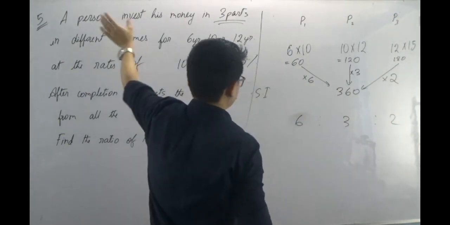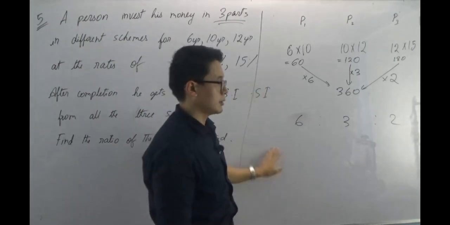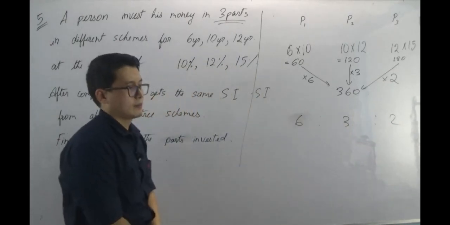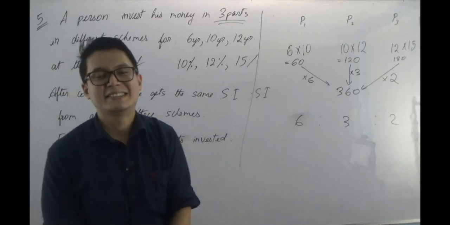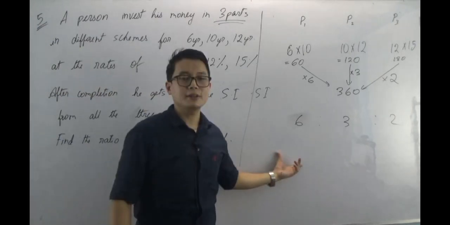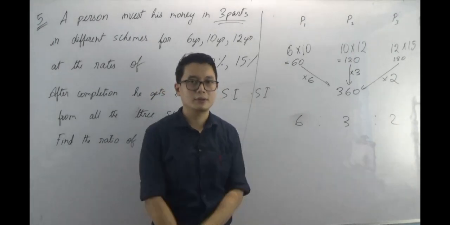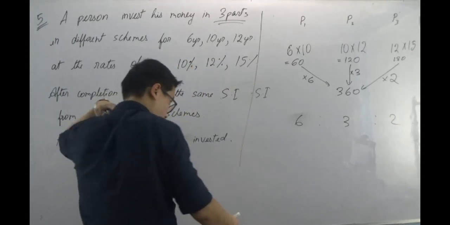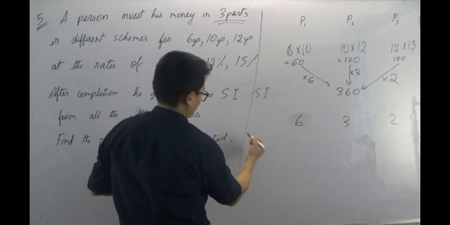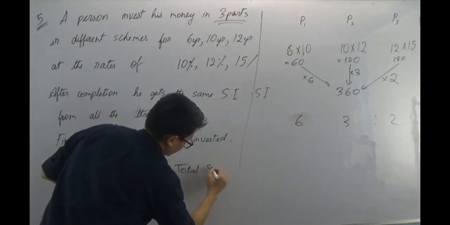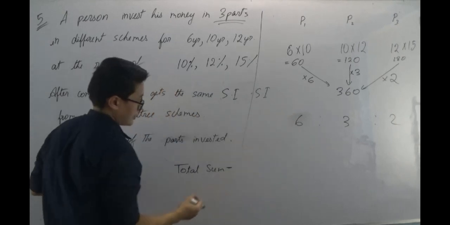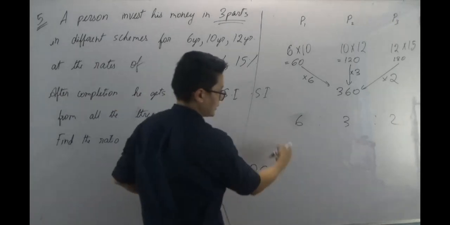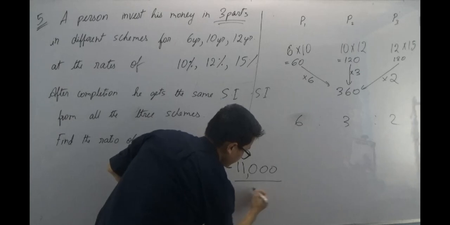You are given the ratio of all these parts, and if you are given the total sum, let's say 11,000, the ratio total is 6 plus 3 plus 2, which is 11.